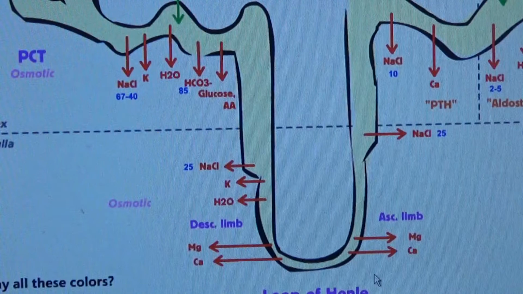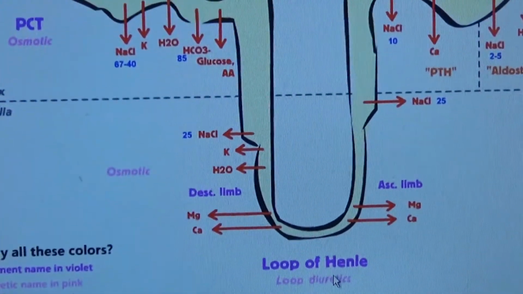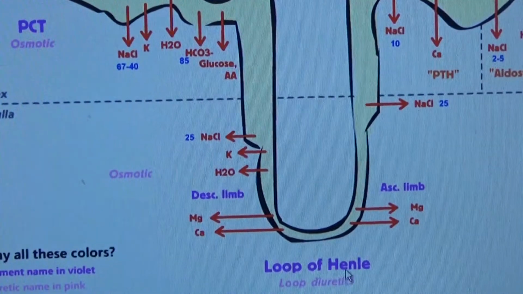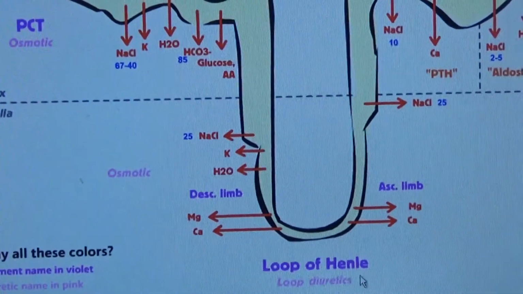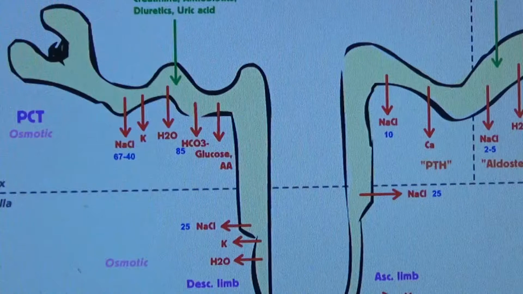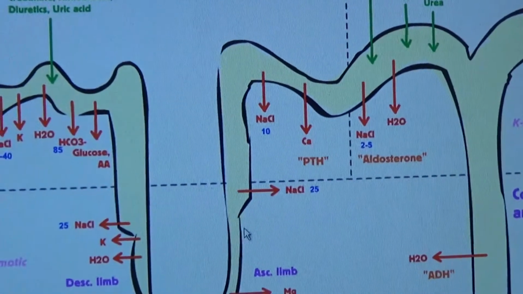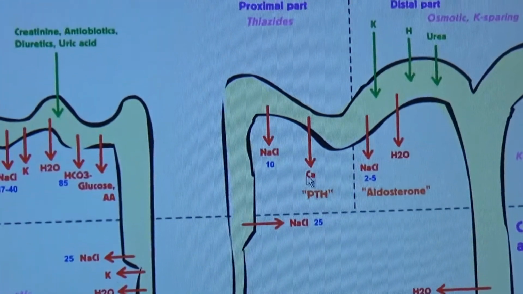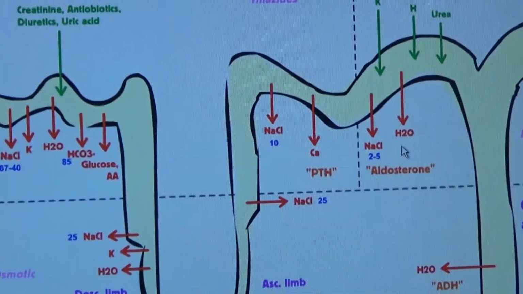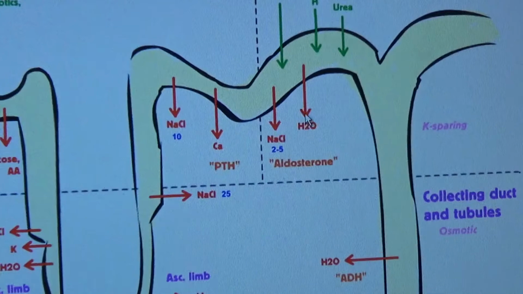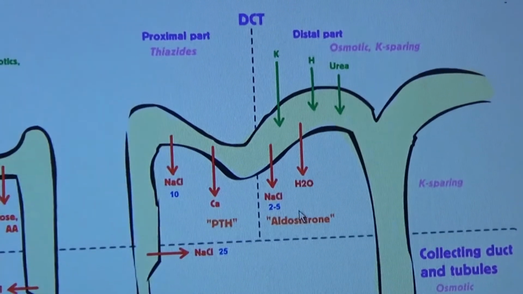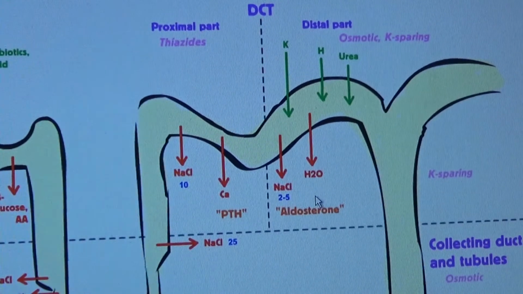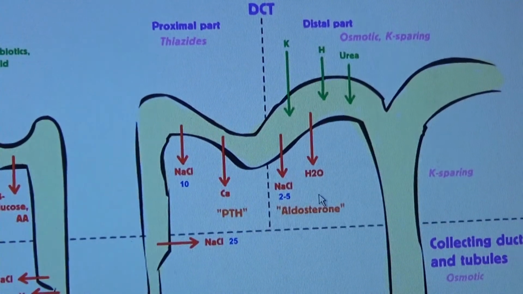There's this little loop called the loop of Henle, and certain diuretics operate specifically at the loop of Henle. And then we go into this ascending loop. There are more of these transport mechanisms, and eventually there's also this thing called the aldosterone receptor, which we'll talk about. That's really the target of spironolactone, the steroid we're discussing.